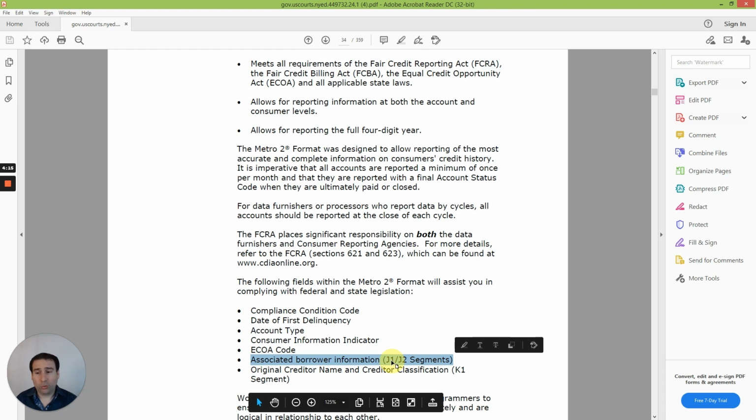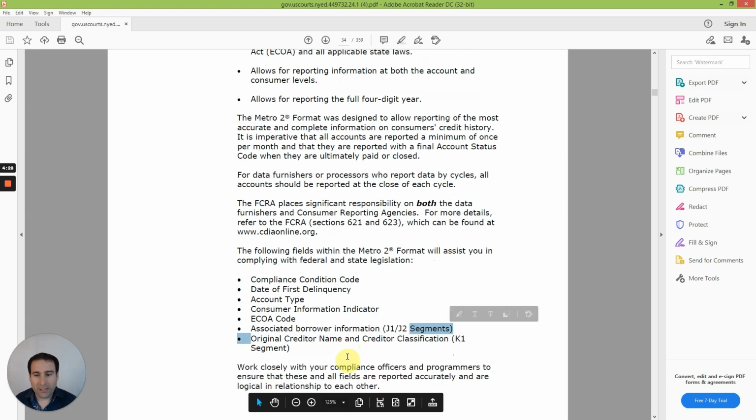Remember, the J1 segment is where they'll put in information for a co-buyer that has the same address. The J2 segment is where they put in information for a co-borrower or co-buyer that has a different address. And original creditor and creditor classification information.